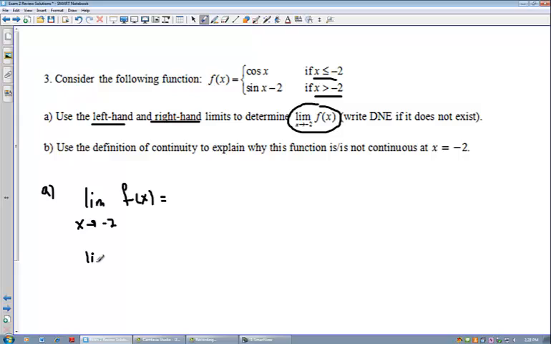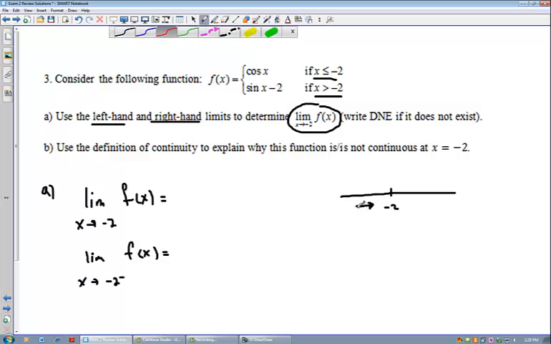So we want to look at the limit as x goes to negative 2 from the left, and so that's of f of x. And then from the left-hand side, so let's draw a picture down here. So here's my picture. Here's negative 2. If you're coming in from the left-hand side, you're less than.